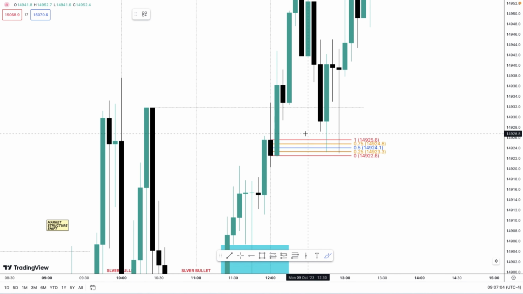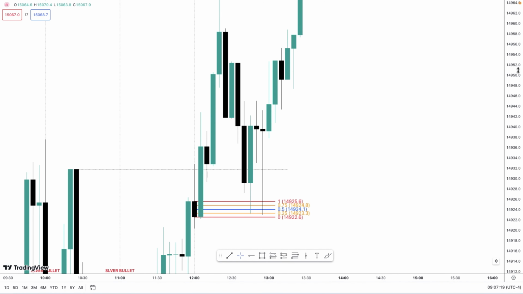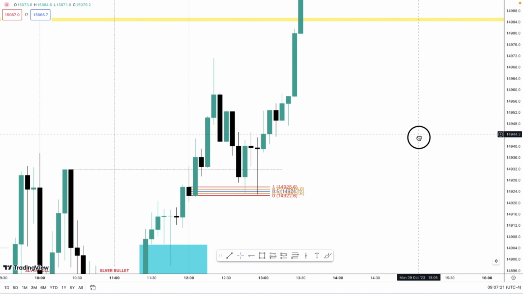What is this? This is a bullish order block. So we don't expect price to close below the main threshold of a bullish order block if we're bullish, yes. So that's that.